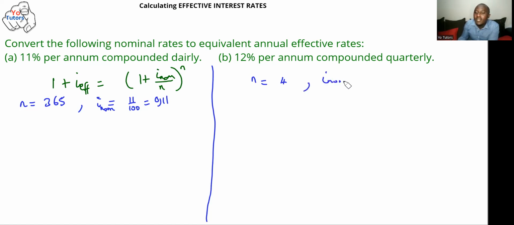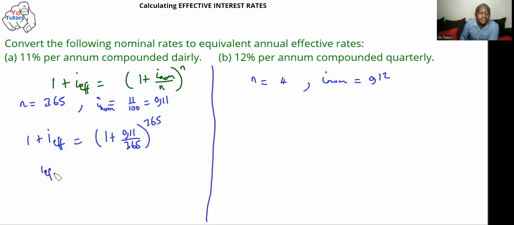Now let's look at how we get this. 1 plus our I effective is going to be equal to 1 plus I nominal 0.11 over 365, to the power of 365. Then what do we get there?